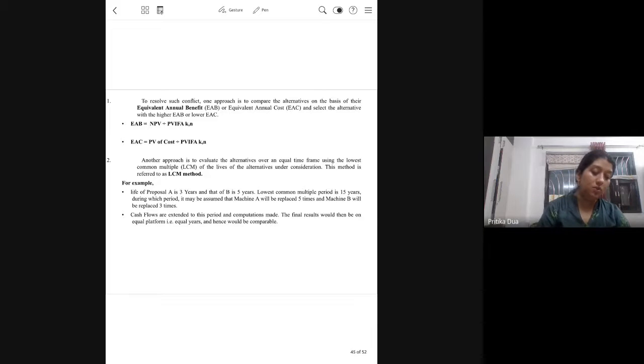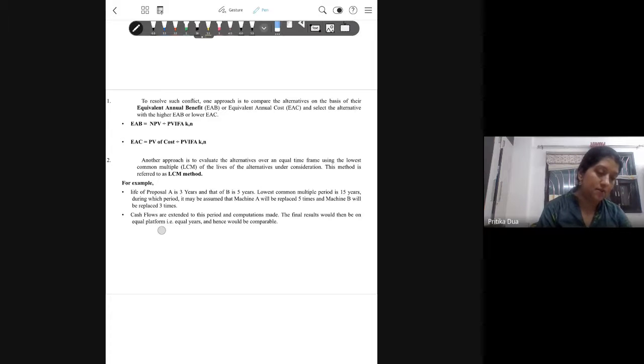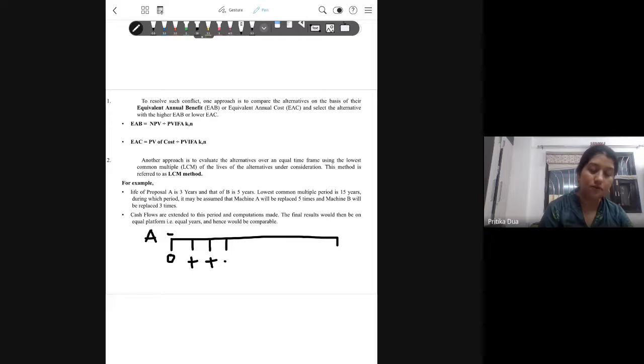Now what we do is we take a scenario where this is project A. The timeline right now was that there is an outflow here at 0 point of time, and then 1, 2, 3. These are positive cash inflows.